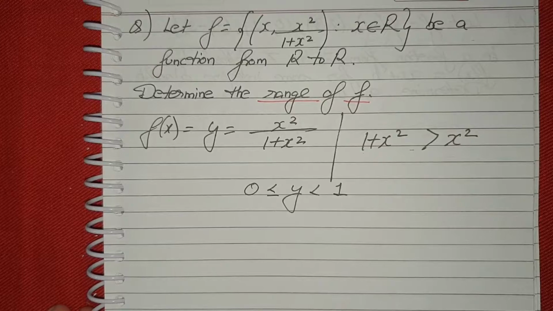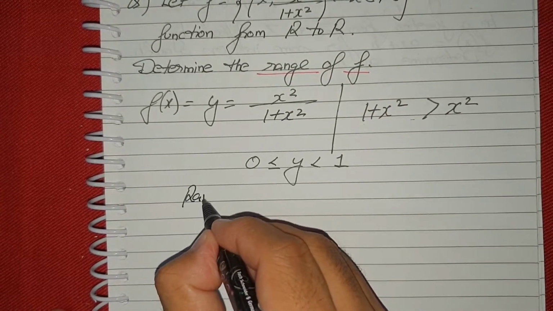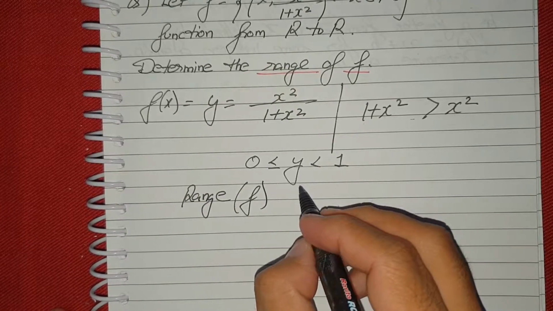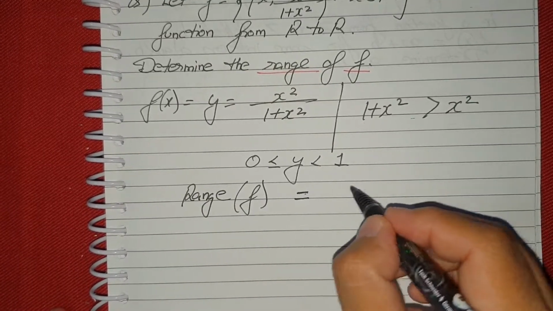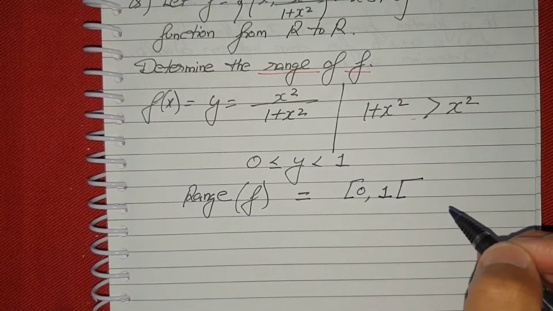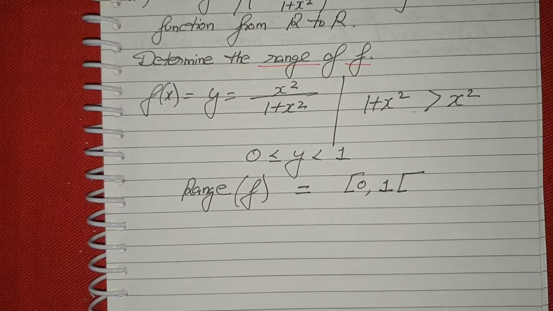So hence, how to write the range? The range of f is [0, 1). This is the range of this function.